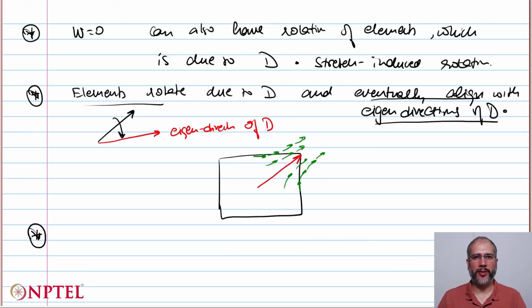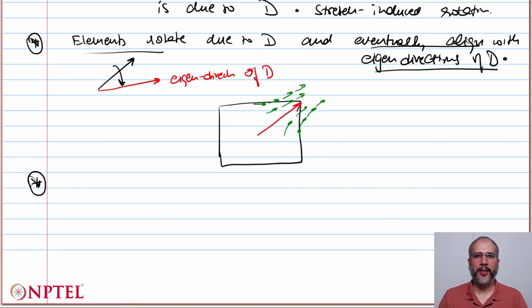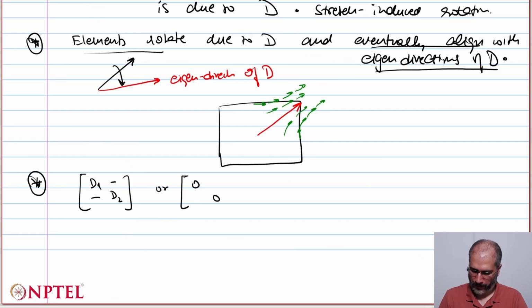But both of these cases resulted in a rotation which was because of D, not because of W. And again, that's a very interesting idea that both these D's, that is this or this, are similar in nature.